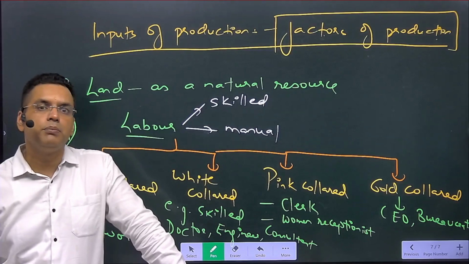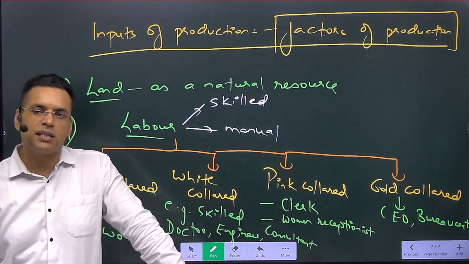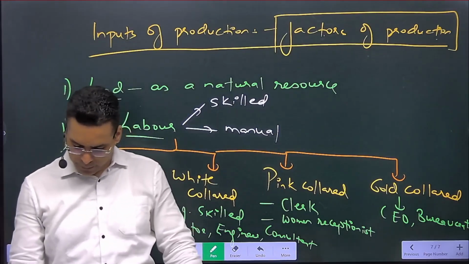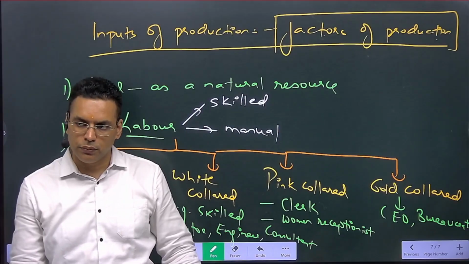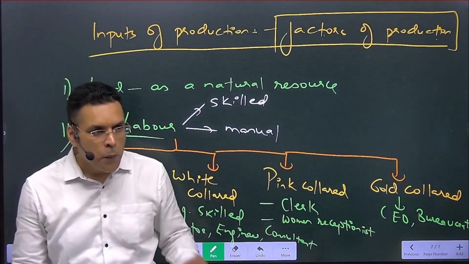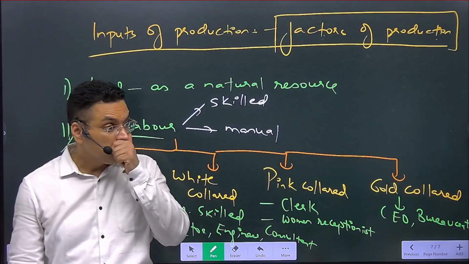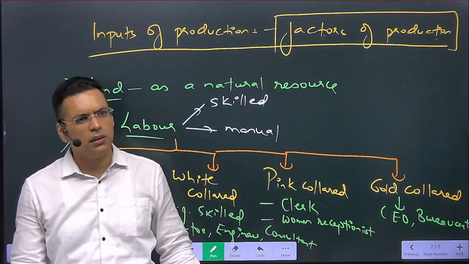Then third comes the capital and then entrepreneur. So what do you mean by capital? Money, okay. Machine, okay. Building, machine, okay.